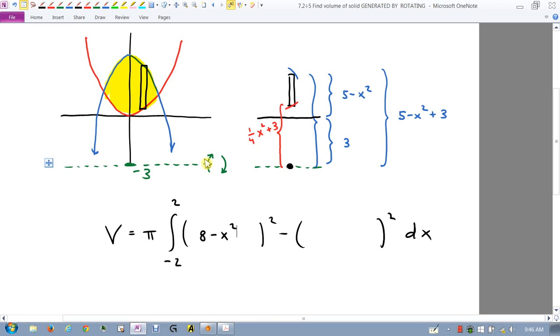And then the inner one was 1/4 x squared plus 3. And whatever that is, is the volume. Questions?